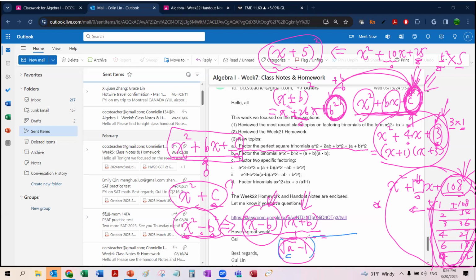So most of the time, we need to find this. So this is the difference of the two. This is the sum of the two. So both the numerator and denominator parts get multiplied by the same number.